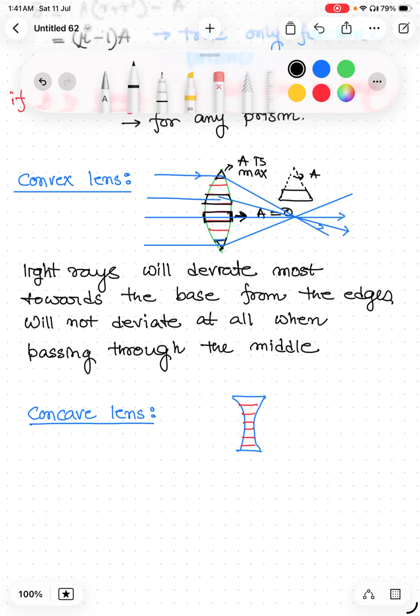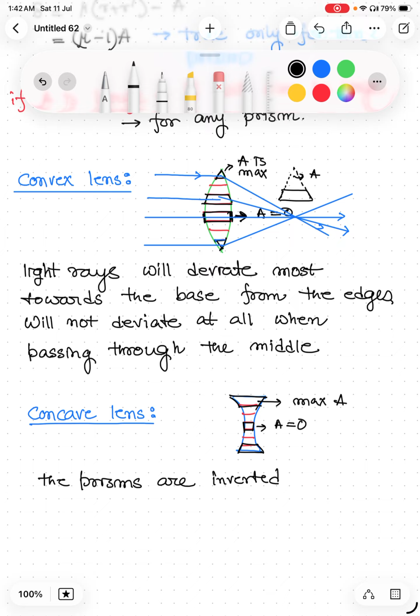The only difference is that this prism has A equal to 0, and this prism has the maximum A, as does this prism. So it is exactly as before. The only difference is that now the prisms are inverted. What does that mean?